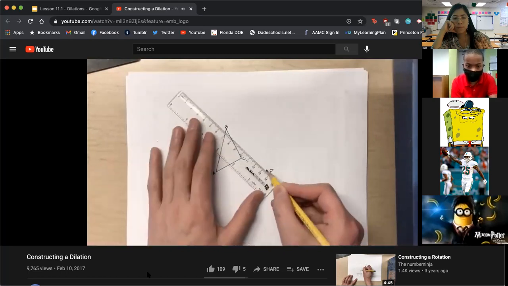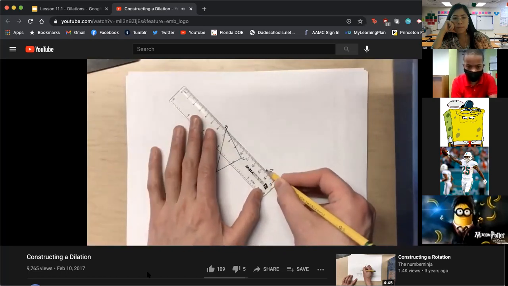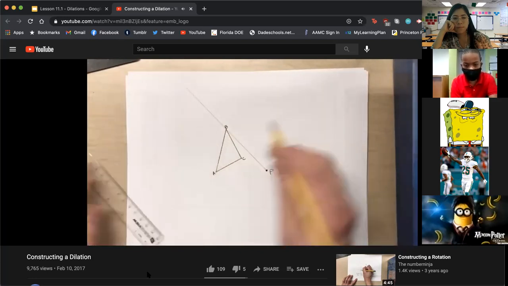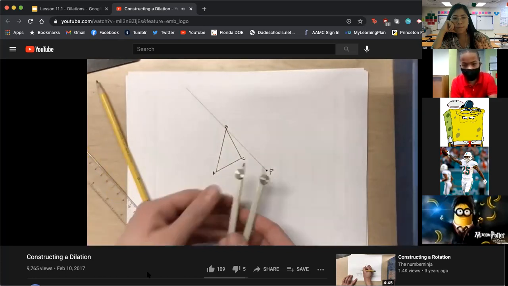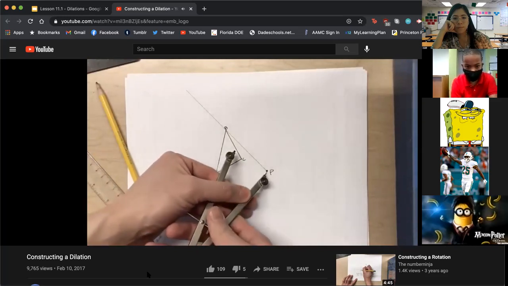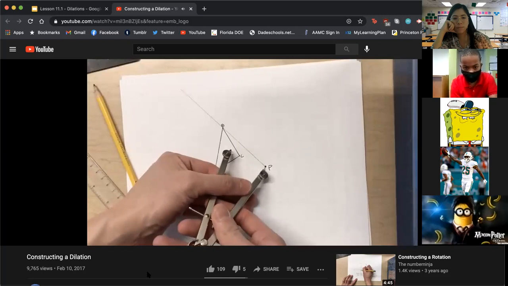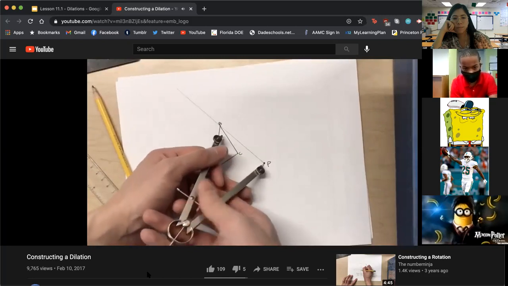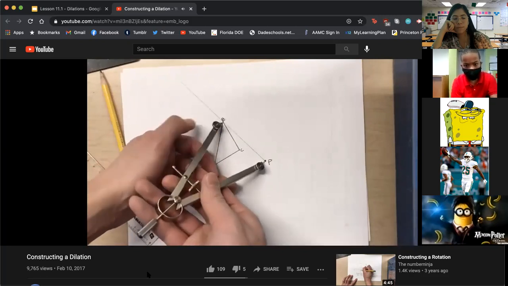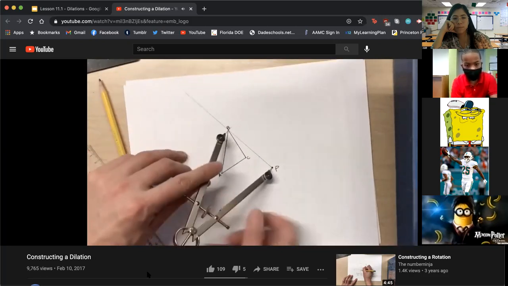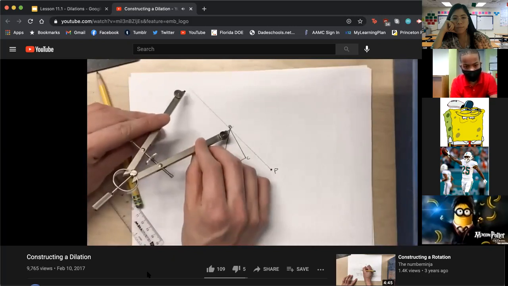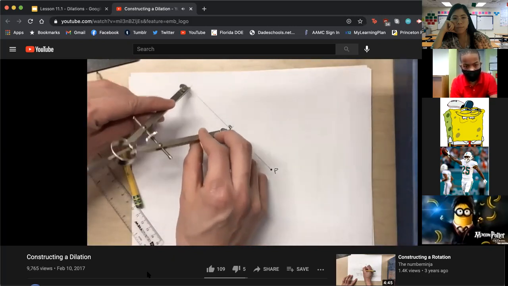So what you're going to do is draw a line from this point through each vertex and take the distance from point P all the way to point B. It's going to be this long. If the scale factor is 2, we take this distance and repeat it out here.